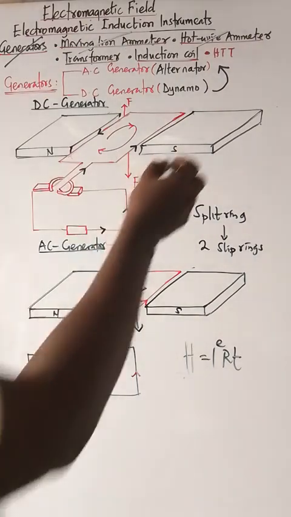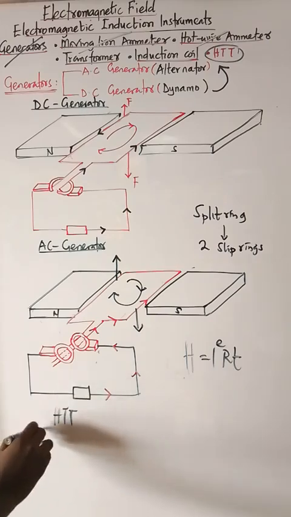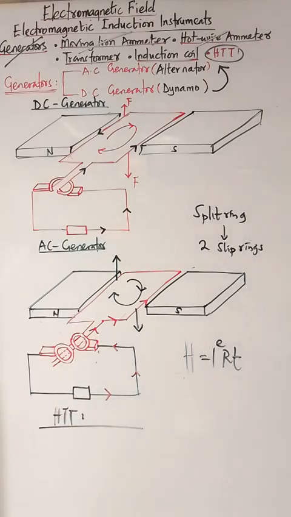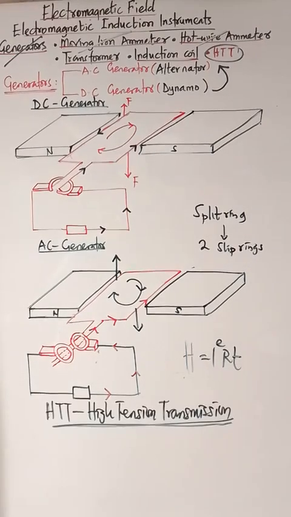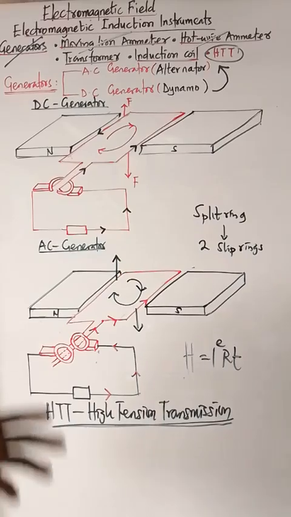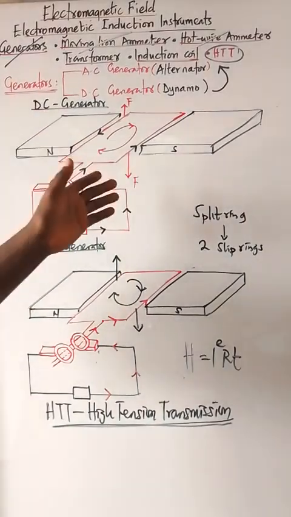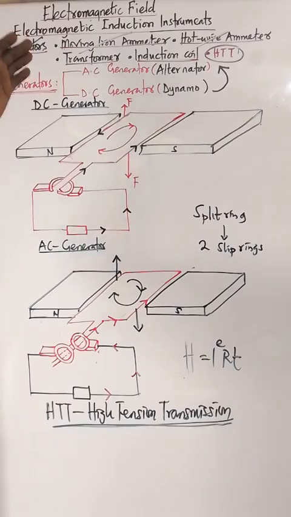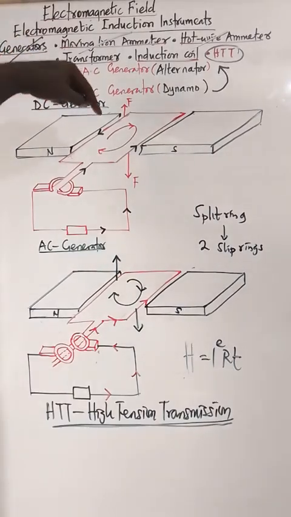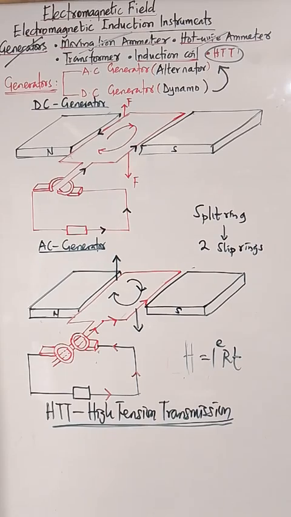But before that, let me quickly talk about HTT, high tension transmission. What is HTT and why is it important for us to discuss? When electrical power is generated from a source, like in a dam, we actually use electromagnetic induction, that's a generator. But in this case, we will need a constant source that will keep moving the coil, which the water gives us.